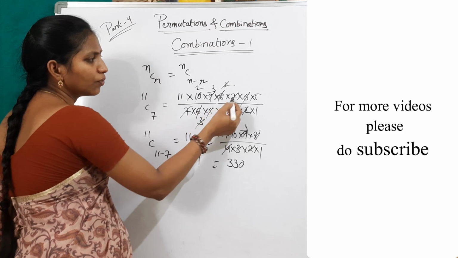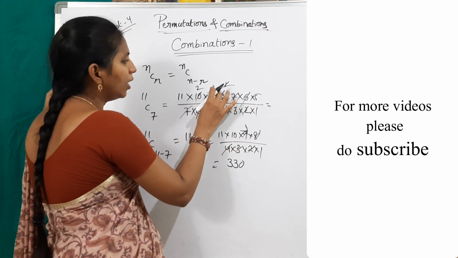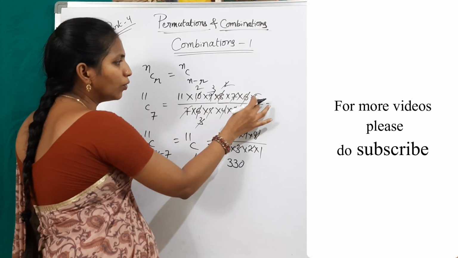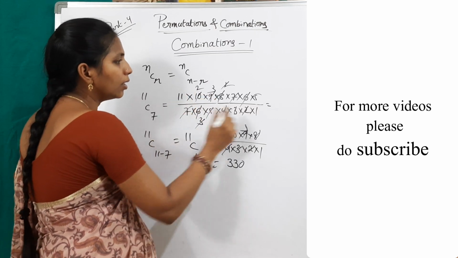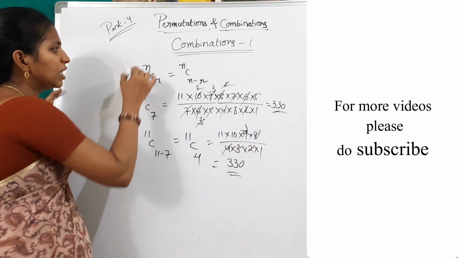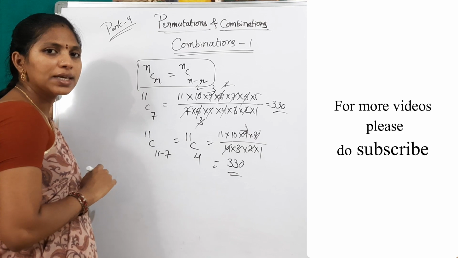Actually 7 into 6 into 5, 7 into 6 into 5 get cancelled. Now see here 3 into 2 into 5 into 10. 3 into 5 is 15 into 2 is 30. 30 into 11 is 330. See, this formula is very important: NCR is equal to NC(n minus R).